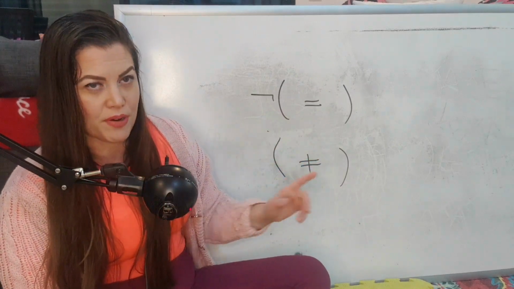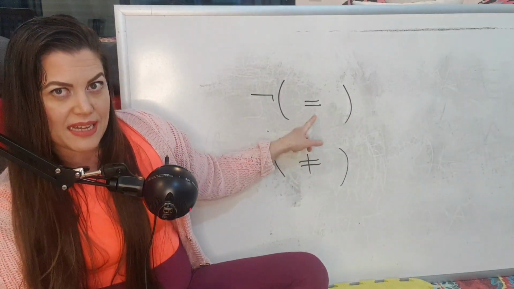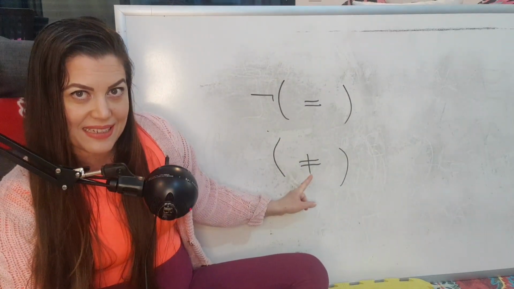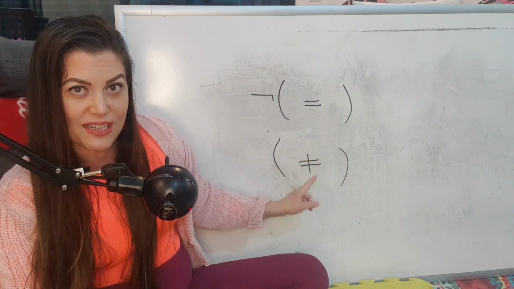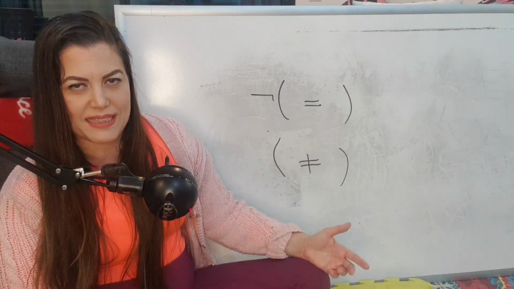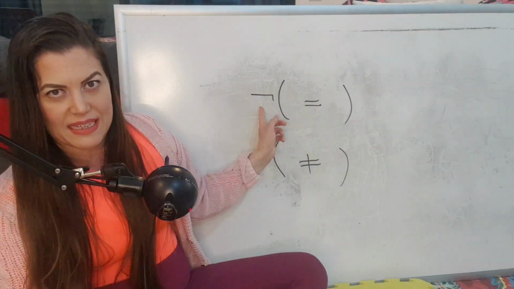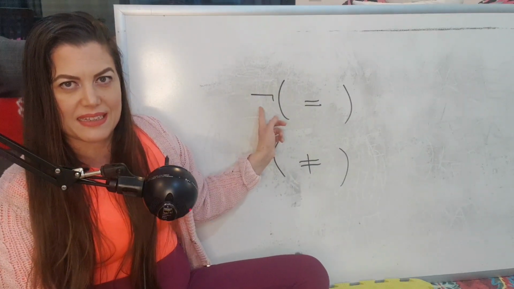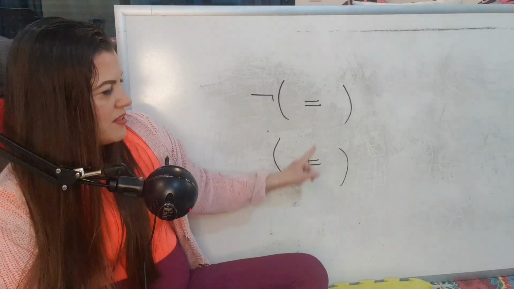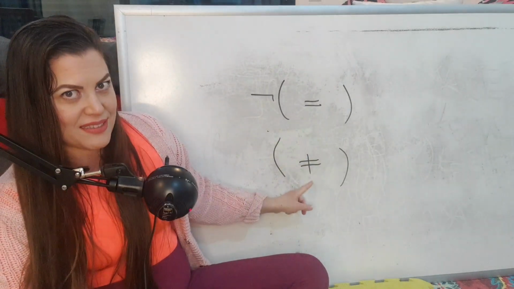But please remember not to keep this equal sign the same as it was. I have to add to it this little line, the little line on it that means that it is not equal. Okay, so what I did is I eliminated the negation sign that was in front of the parenthesis, but please remember to change the equal sign to not equal.